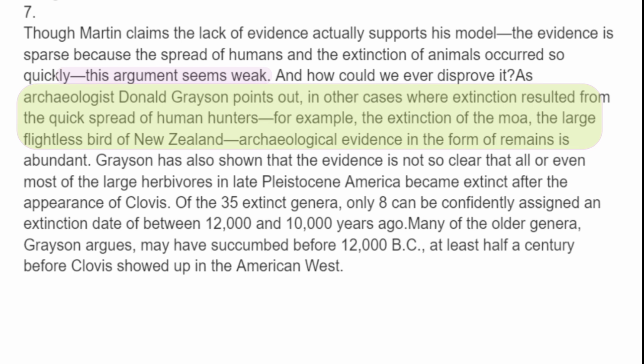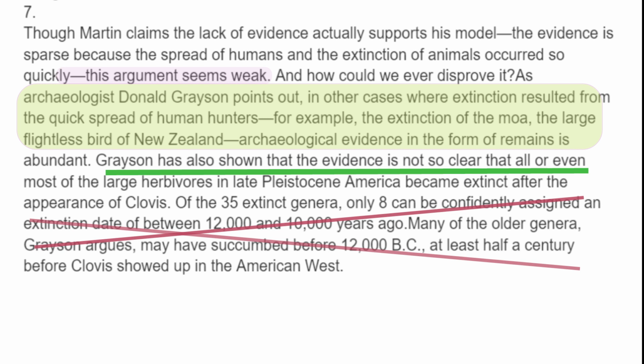His example is the extinction of moa of New Zealand. That is, humans killed all the moas, and there is strong archaeological evidence for this. Grayson also adds that many megafauna disappeared even before the Clovis people showed up.